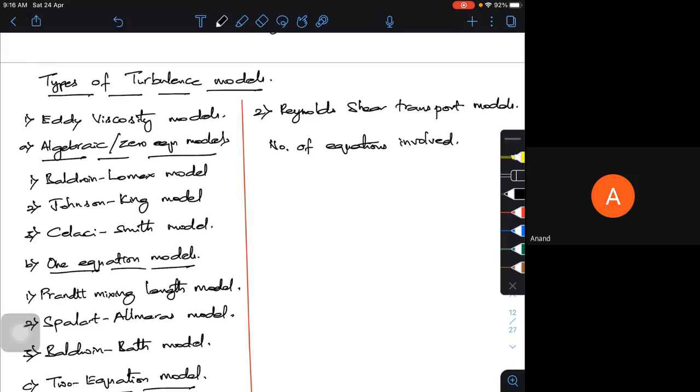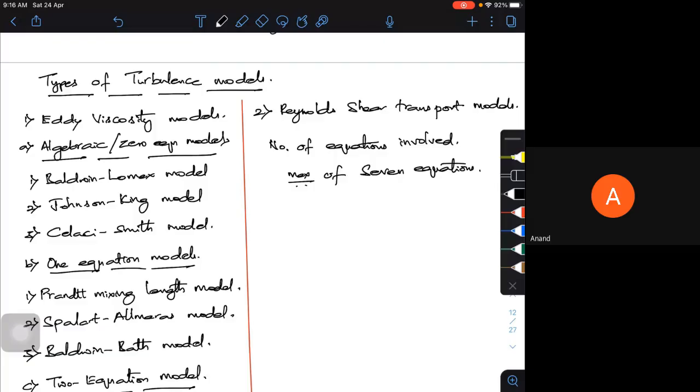But here, the number of equations can go up to a maximum of 7. Okay, a maximum of 7 equations has to be solved to solve for the turbulence.